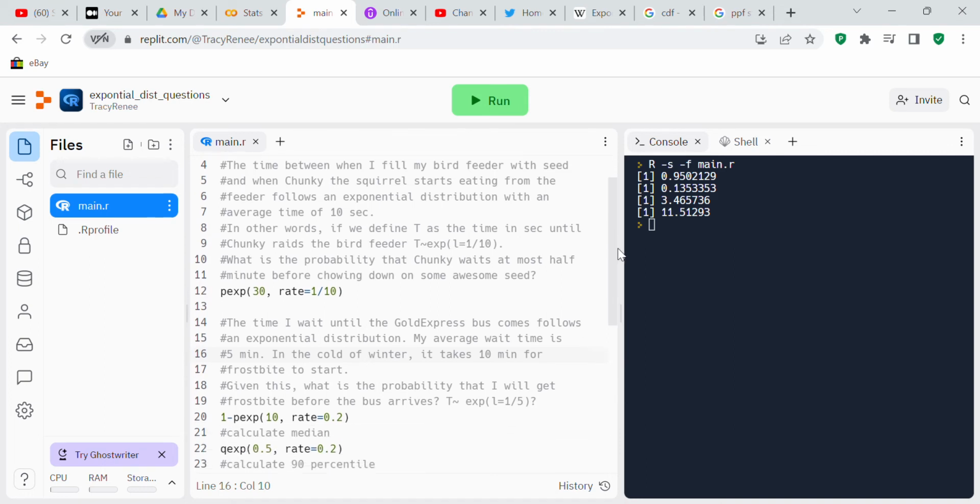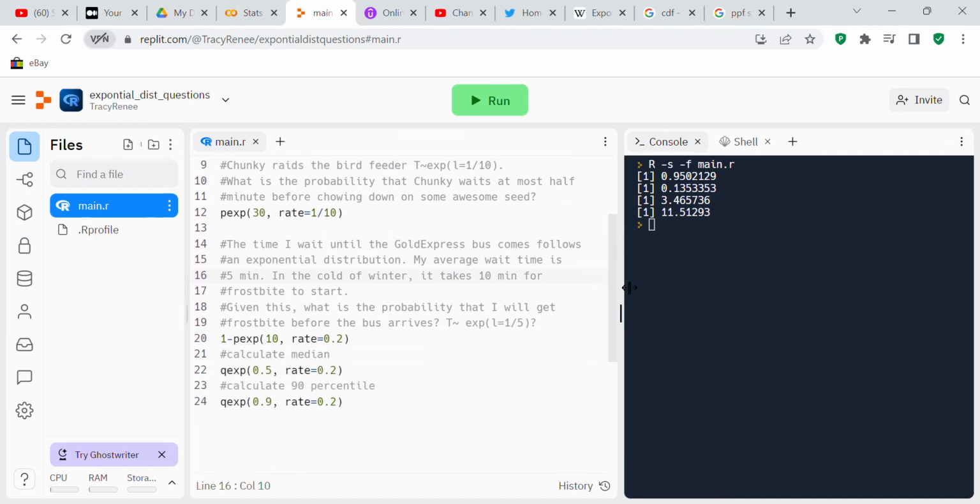Okay, the next one has 3 questions. The time I wait until the Gold Express bus comes follows an exponential distribution. My average wait time is 5 minutes. In the cold of winter, it takes 10 minutes for frostbite to start. Given this, what is the probability that I will get frostbite before the bus arrives?